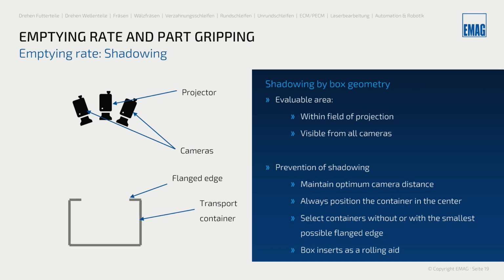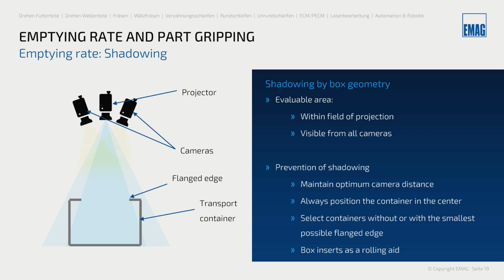We can see the flanged edges, and on top of it, we do have the projector with the two cameras. The evaluable area is always within the projection, and we have to make sure that the container itself is fully visible for the cameras and the projector. Everything inside the projection is the area where we can find parts. Everything outside won't be considered.